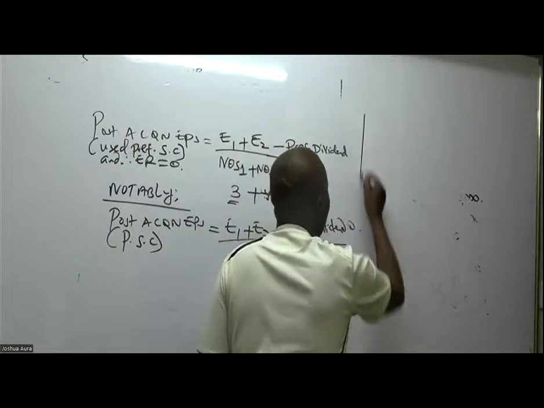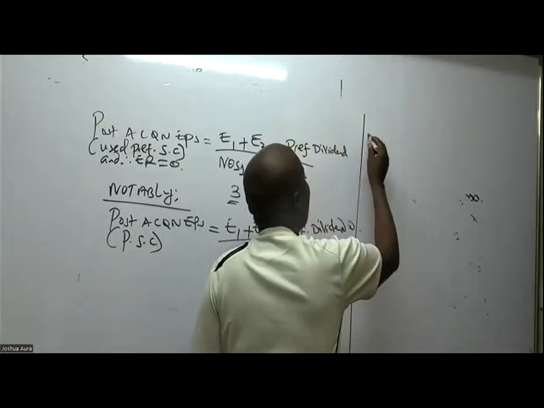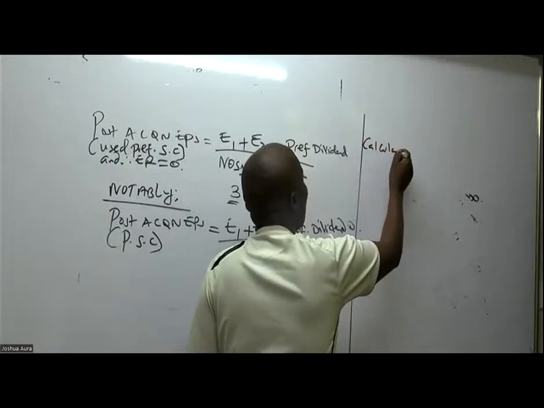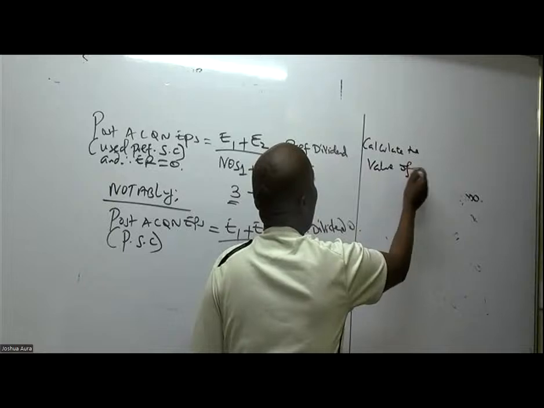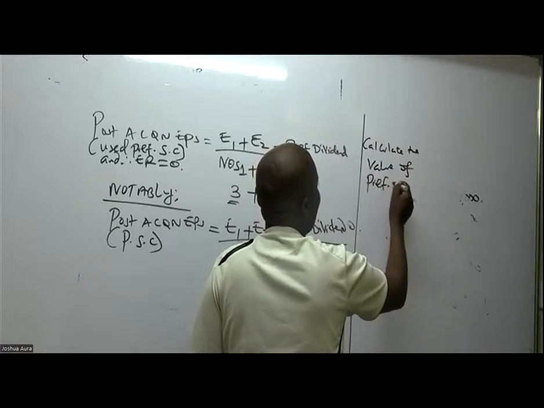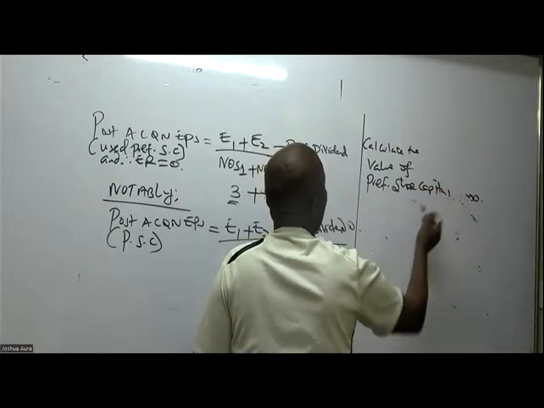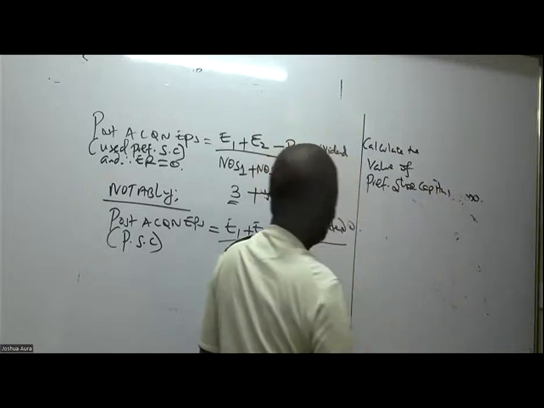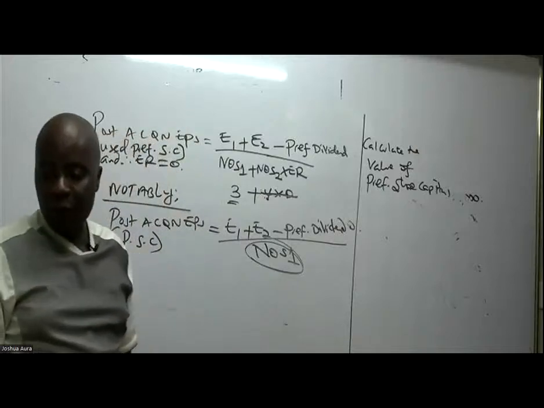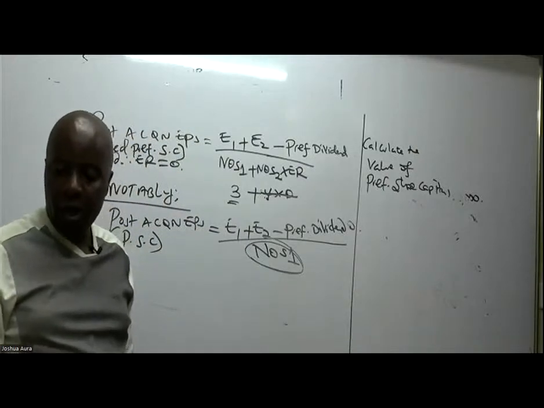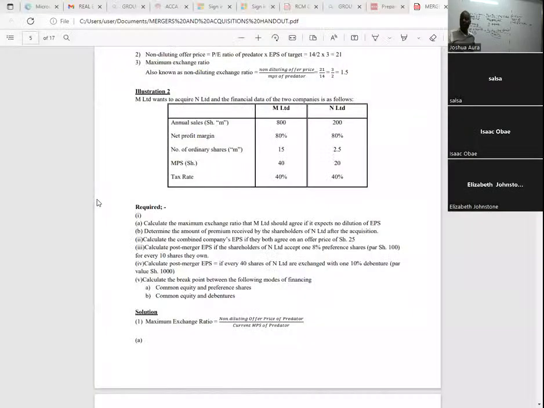And then now, ladies and gentlemen, the next thing, having appreciated the formula here, I'll come and calculate the value of preference share capital. So the preference share capital value basically depends on the number of shares that I issued.